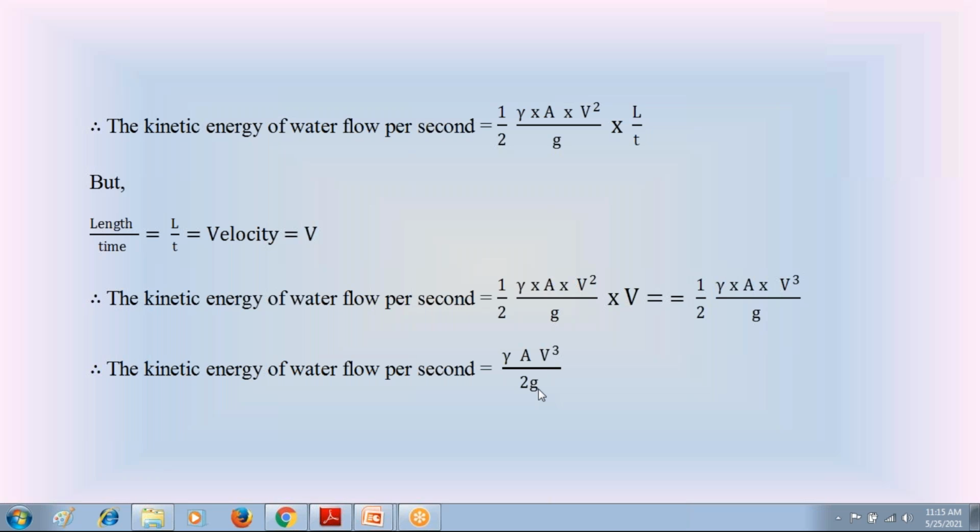Dear students, if anybody is having doubt, please post your doubt on the chat box or unmute your mics and interact with me. Is there any doubt regarding that derivation of kinetic energy of water flow per second?